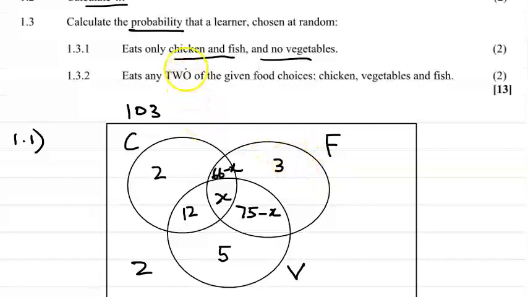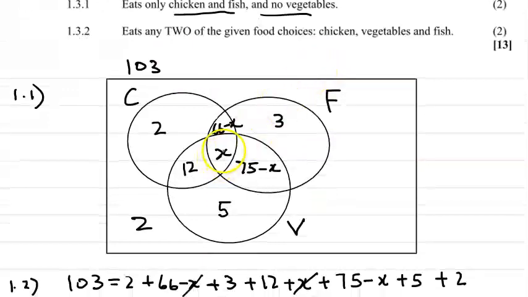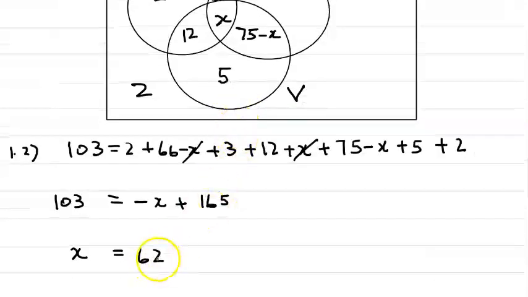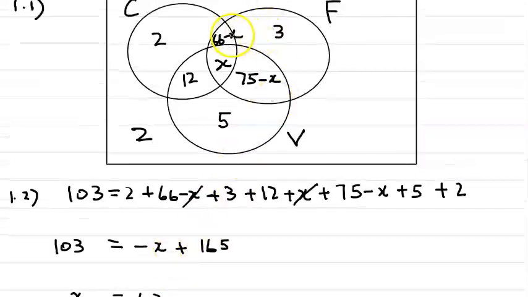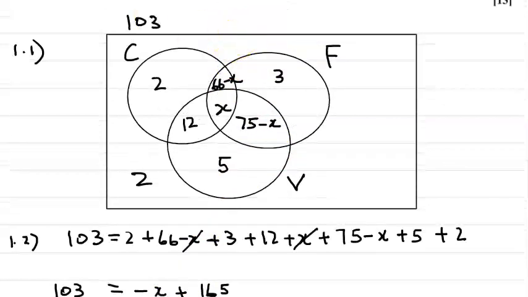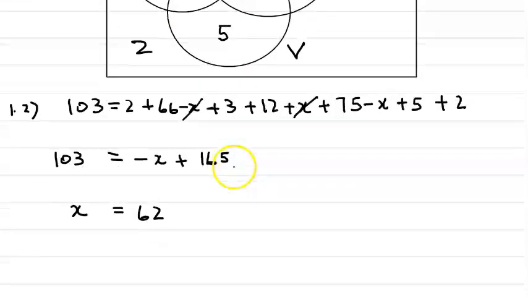So therefore, eats only chicken and fish, no vegetables is going to be 66 minus x. And we just calculated x to be 62. So 66 minus x is going to be 66 minus 62, which is 4.